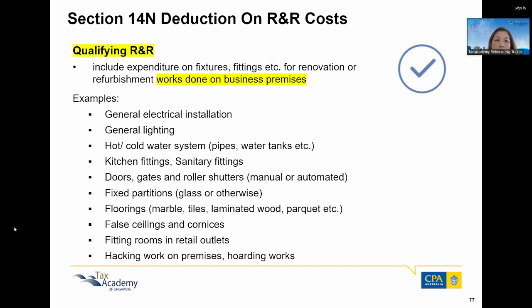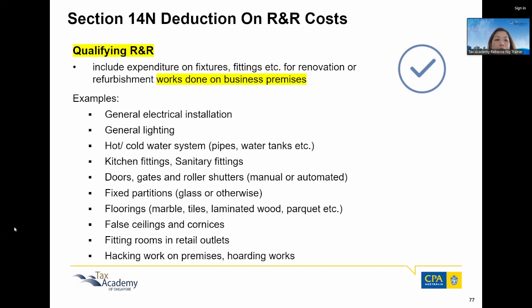Okay, so they are actually expenditure incurred on fixture fittings, for example, renovation, okay, on the work done on the business premises. Okay, it's not any other premises, it's not the employee premises, even though the company has provided staff accommodation for the employees, it's not on the staff accommodation that the company did a renovation for the staff. Okay, but the renovation of the business premises.